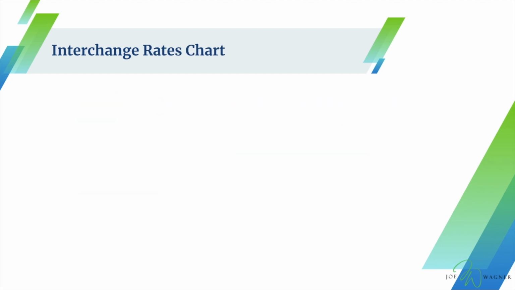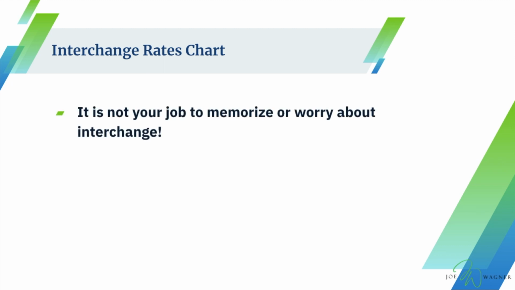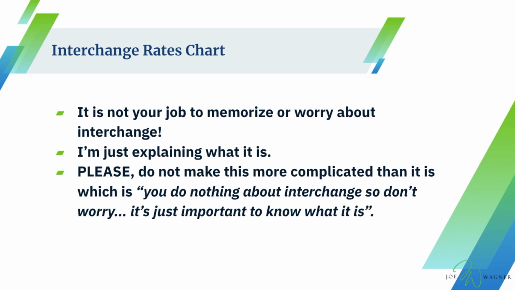So I know right now a ton of analytical people are like, oh, I need to know more about what interchange is. No, you don't, okay? It's not your job to memorize or worry about interchange. I just want you to understand this very, very basic concept, and that's why I'm explaining it to you very simply. It is simply our cost. So please do not make this more complicated than it is, which is you do nothing about interchange, so don't worry. It's just important to know what it is.